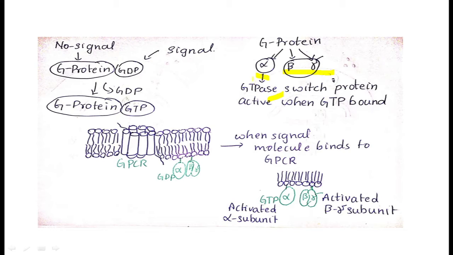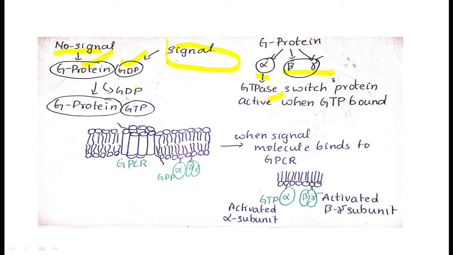So what happens is, you can see here, when there is a signal, signal here means the binding of a ligand. When there is no signal, the G protein is bound to GDP.